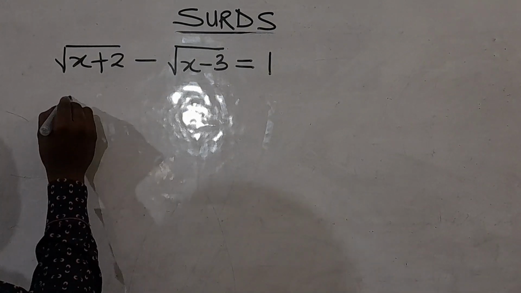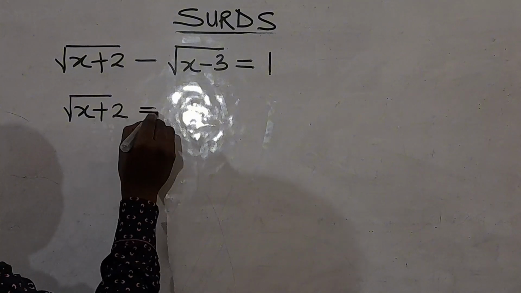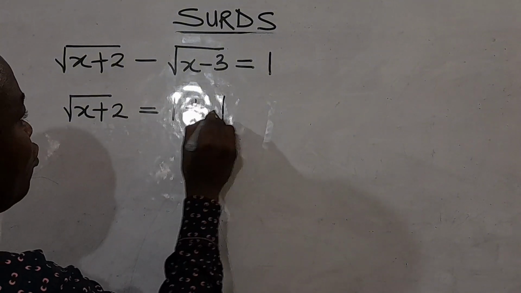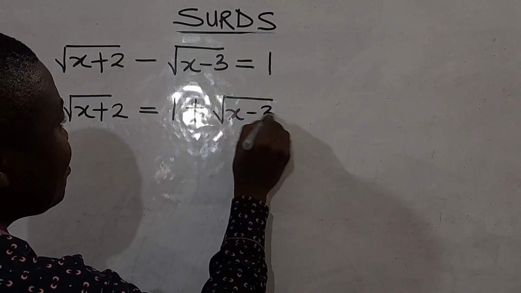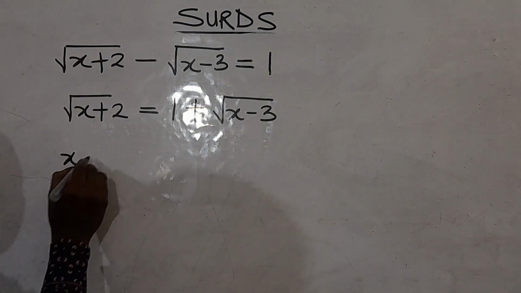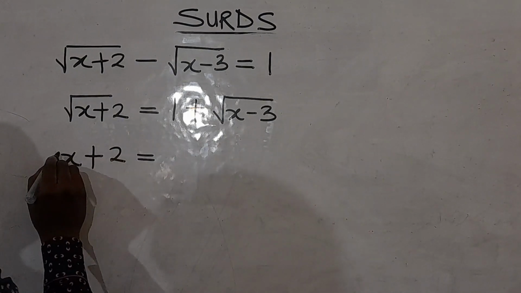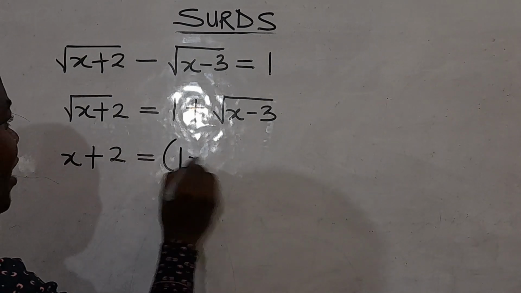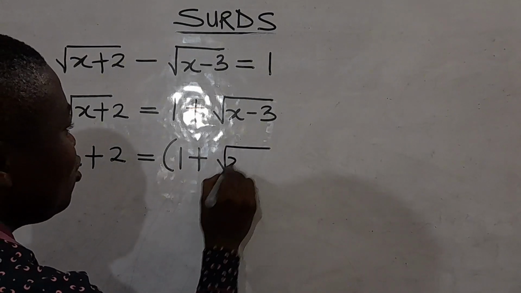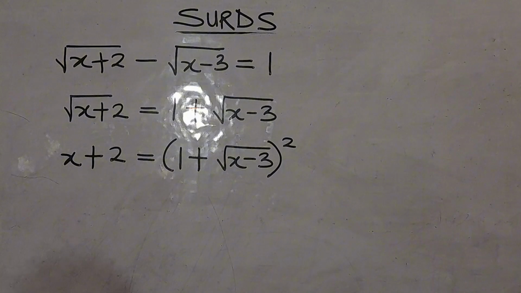This will give us root x plus 2 equal to 1 plus root x minus 3. I will now square both sides. This will give me x plus 2 equal to, if I square this side, let me do it this way, so you don't get confused, all squared. That's the first step.